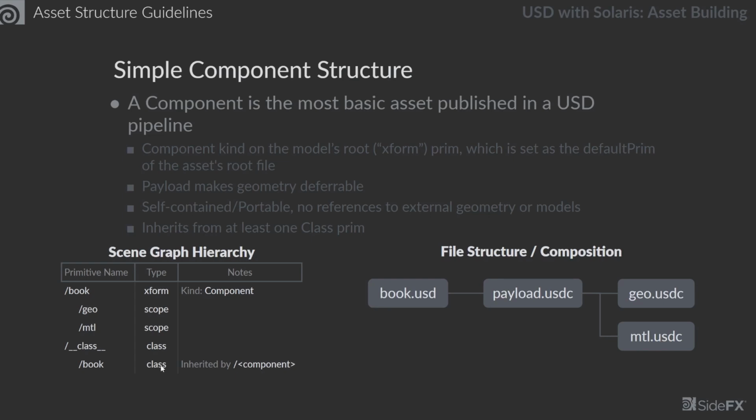And if there is, then it'll adjust that and adjust every book in our scene that is referencing or is inheriting from that primitive. So just something to keep in mind with how the scene graph hierarchy is set up here. We also have this geo and material. That's pretty straightforward. That's going to be where our geometry and our materials are going to go.